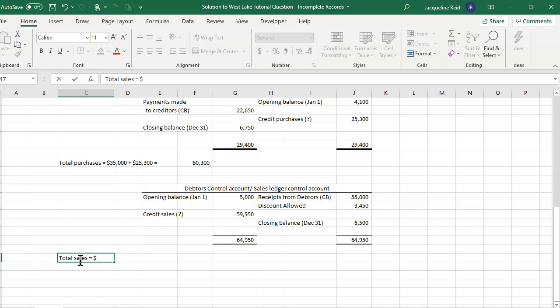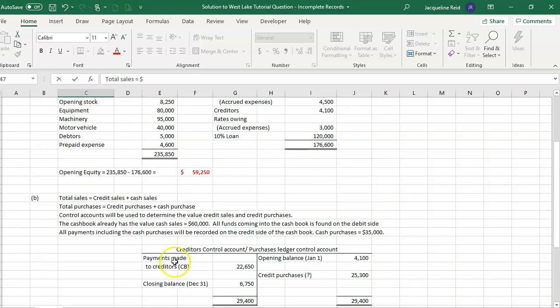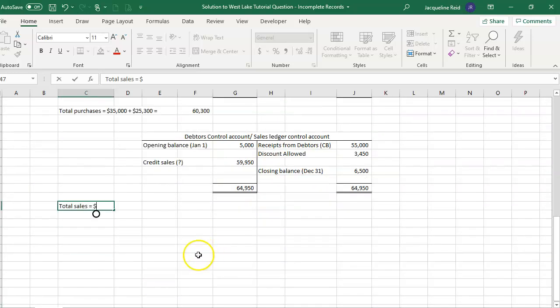So from the cash book on the debit side, we found cash sales of $60,000. And we're going to add to that the credit sales figure that we worked out by missing figures of $59,950.